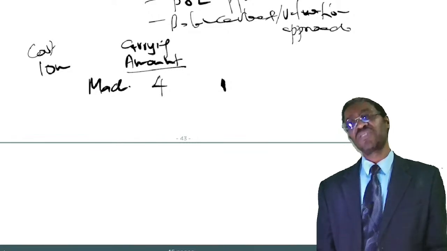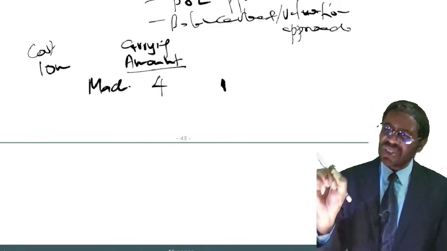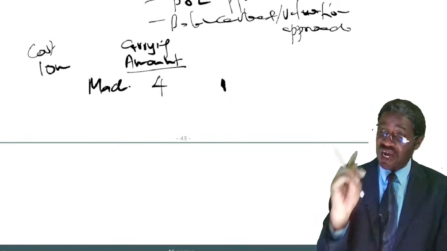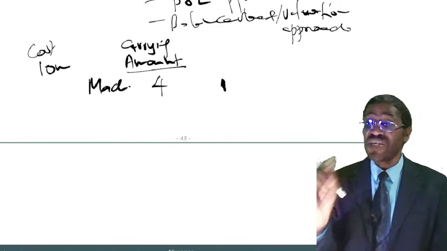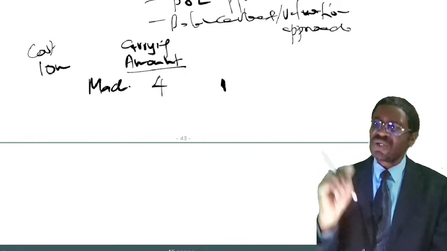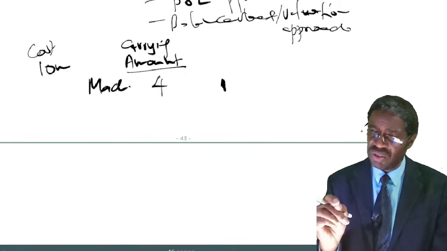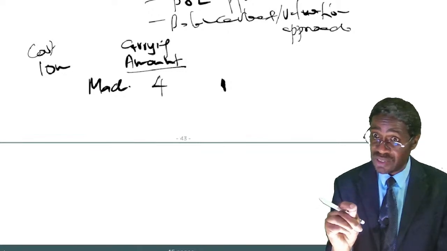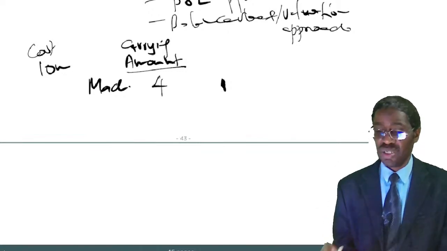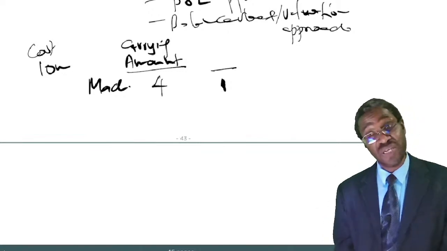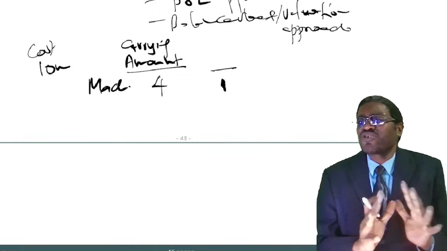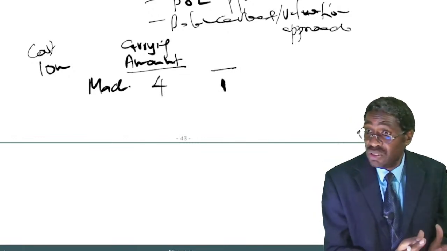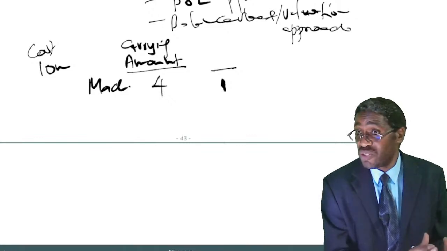Now listen, the amount on which tax will be based for tax purposes using this approach, which in our case here is 1 million. The taxman does not know you have 4 million depreciation in the future.